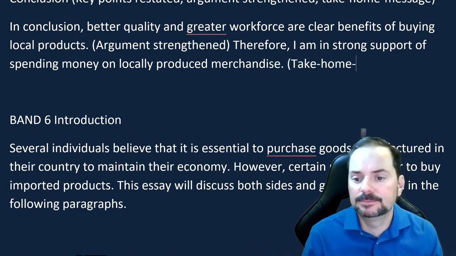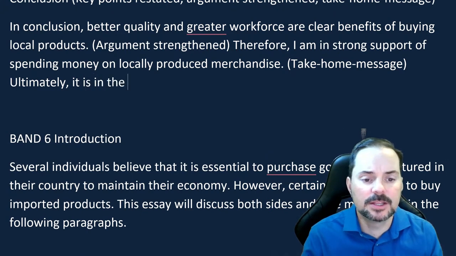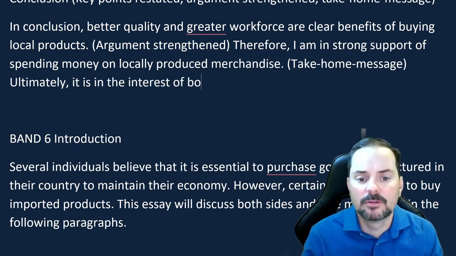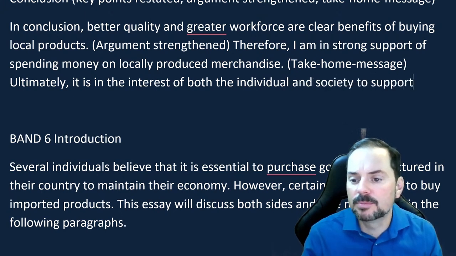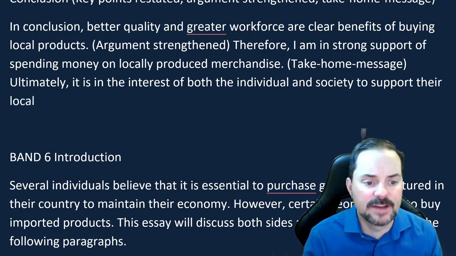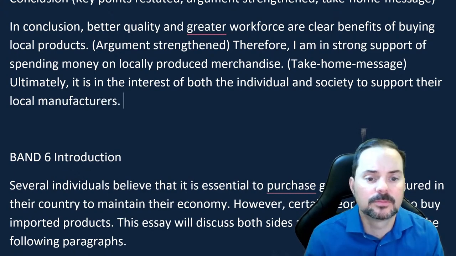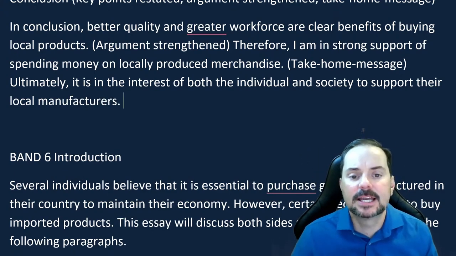Don't overthink it. Ultimately, it is in the interest of both the individual and society to support their local manufacturers. Okay, and that's it.